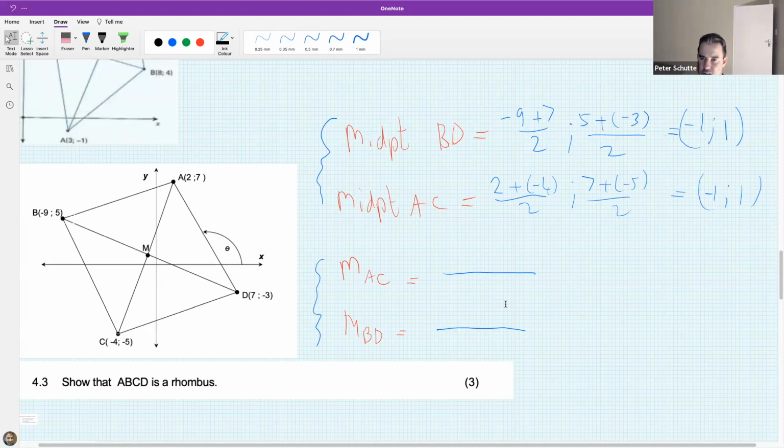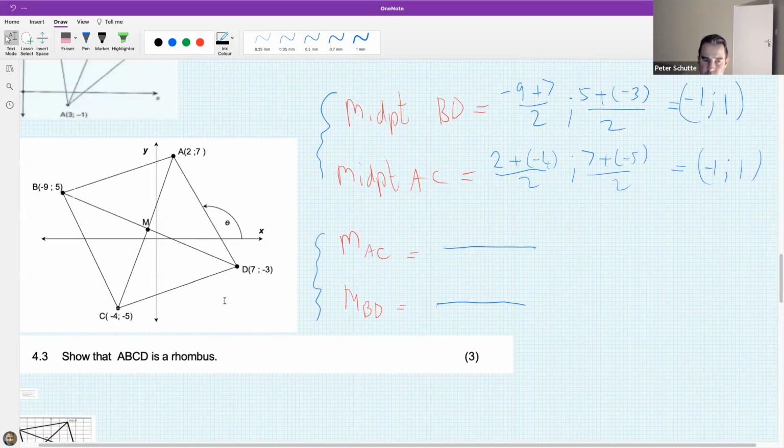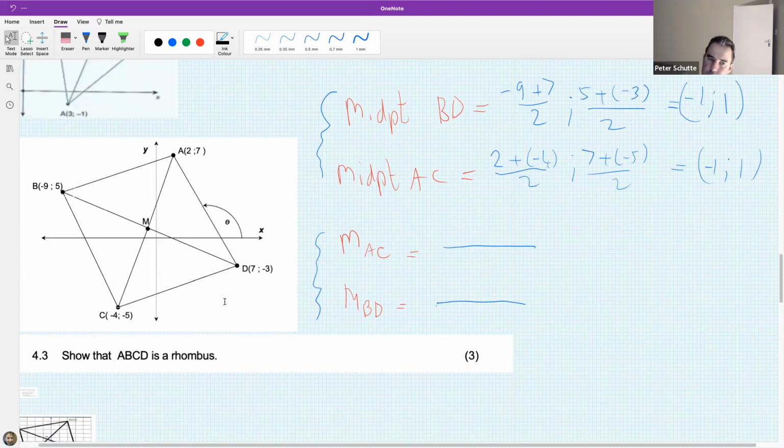Okay, so the first thing that looks promising is that we have common midpoints, which is good for showing the diagonals cut each other in half. So we know it's a parallelogram. The question is whether it's a rhombus. Okay, so how would we find that?